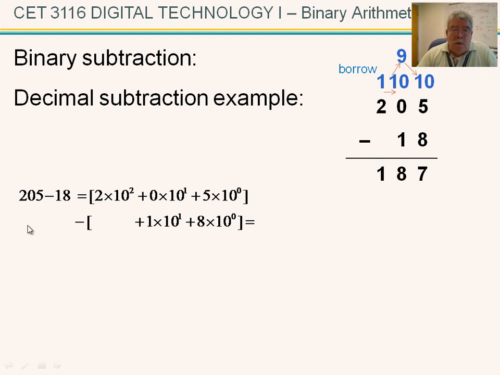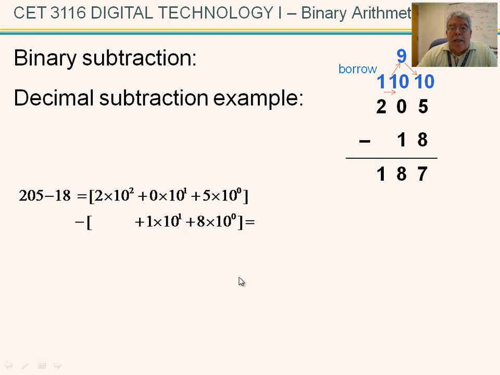So the 205 is explicitly represented as a polynomial. We know how to do that. This is the coefficient 2, the power of 10 to the second, and this is the next coefficient, 0, and 5. And we do the same thing with the 18.